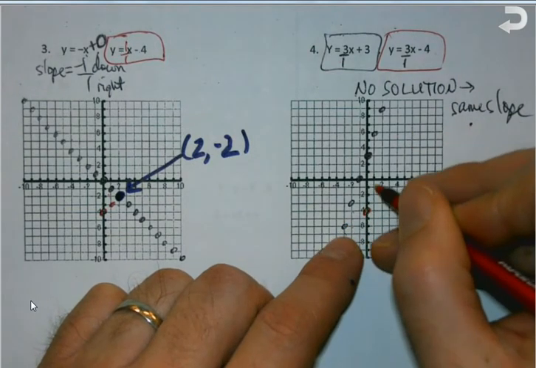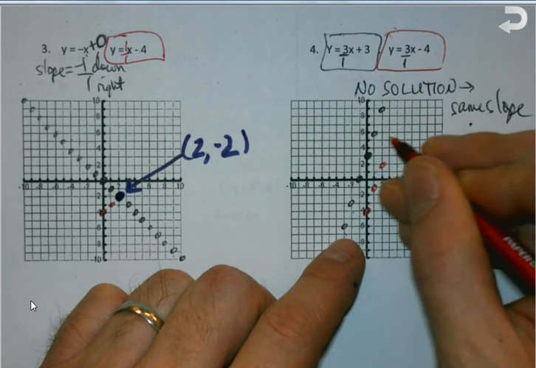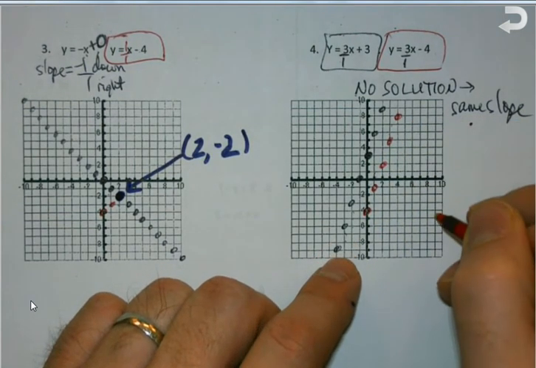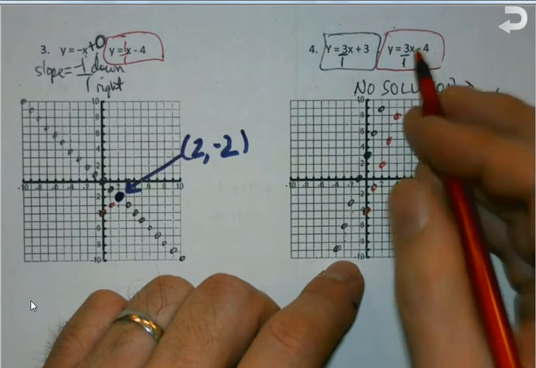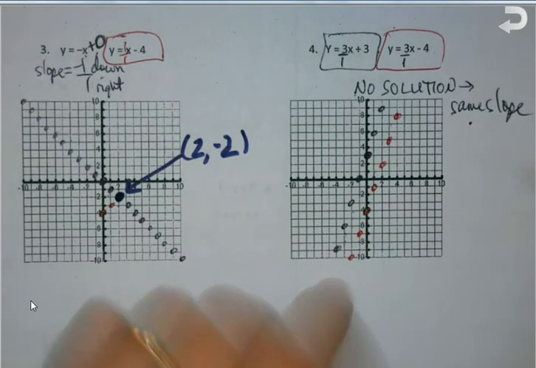You're like, wait a minute, this seems like it's the same slope. And you start to make dots, and you're like, I'm kind of noticing these aren't crossing each other anywhere. Well, maybe when I do it the other way. So up 3, so down 3 and left 1. Oh, they don't cross at all.